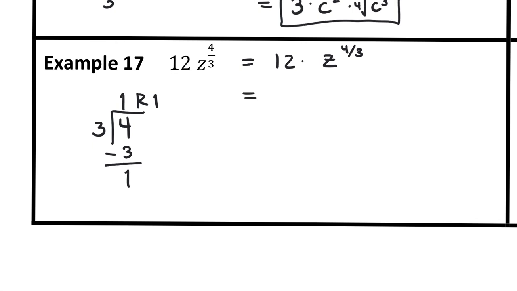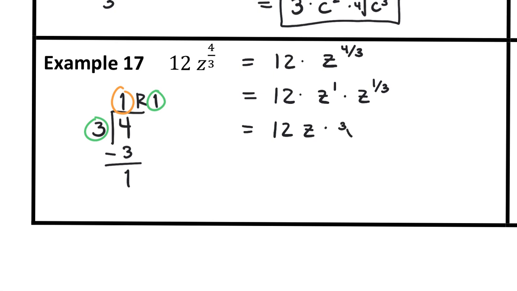And so this number goes on its own, and 1 and 3 make a fraction. So it's 12 times z to the power of 1 times z to the power of 1/3. So that becomes 12z times the cube root of z.